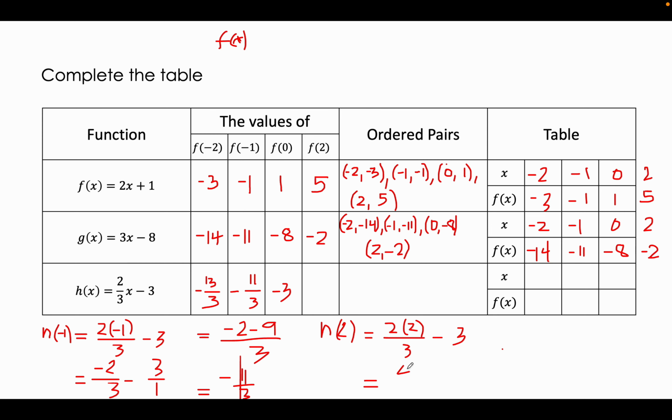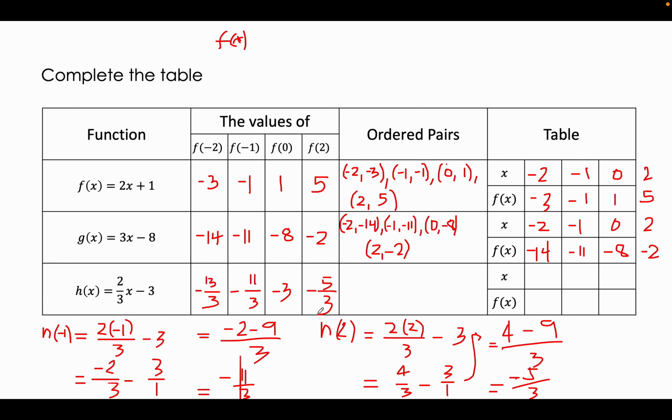Then, we have 4/3 minus 3 over 1. And then, cross multiply natin. 1 times 4, we have 4. And then 3 times negative 3, we have negative 9, so we have 4 minus 9, and 3 times 1, we have 3. And then 4 minus 9 is negative 5 over 3. So we have here negative 5 over 3.